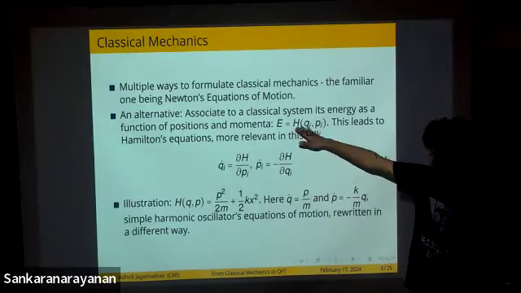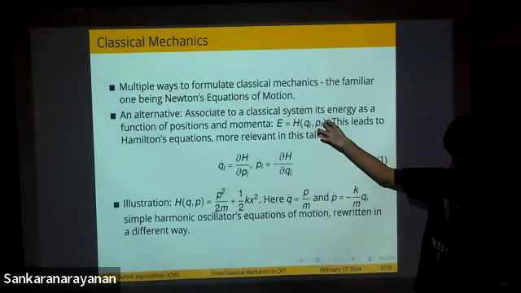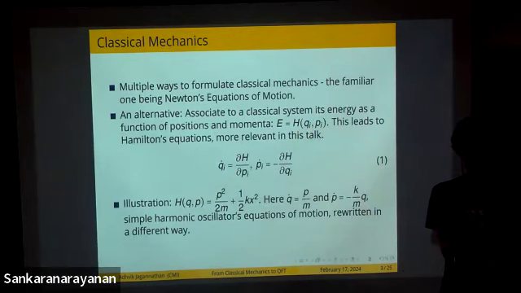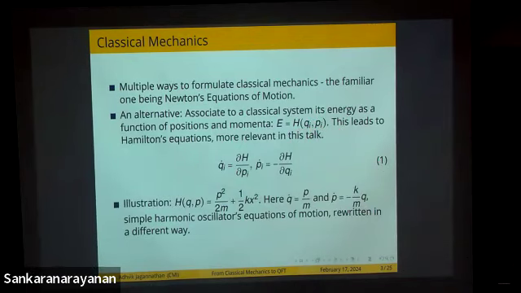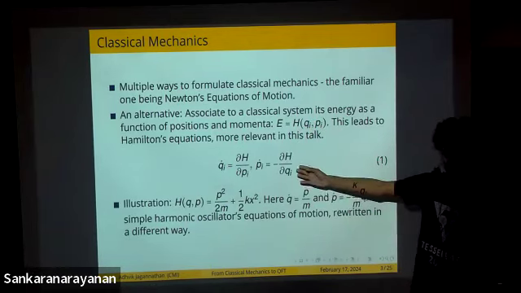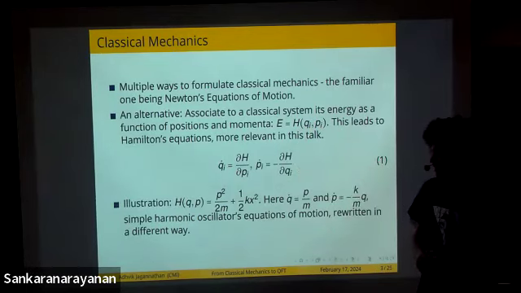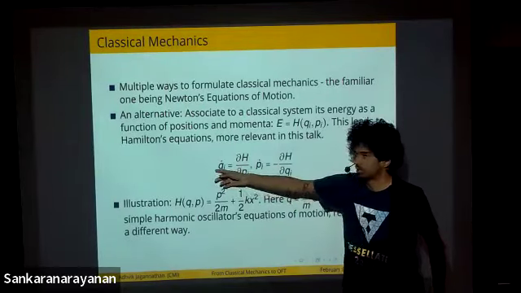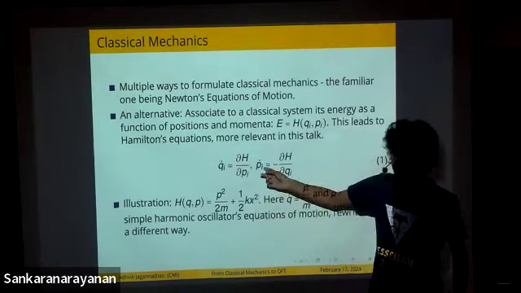So you have this function H of qi, pi, of the positions and momenta. And it turns out you can re-express the n second order differential equations you had, which are q double dot equals so and so for a normal particle, in terms of these 2n first order differential equations. So you have a set of differential equations with qi dot dependence and pi dot dependence.